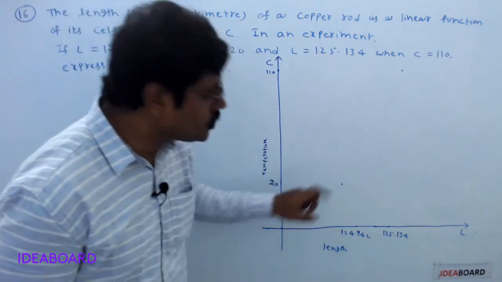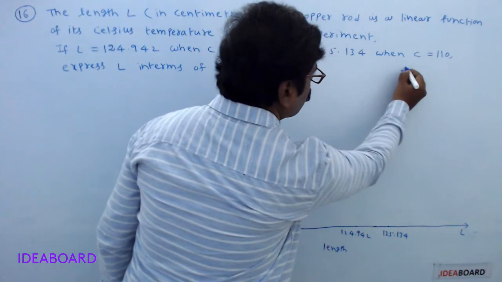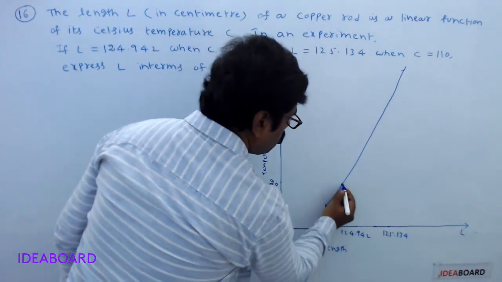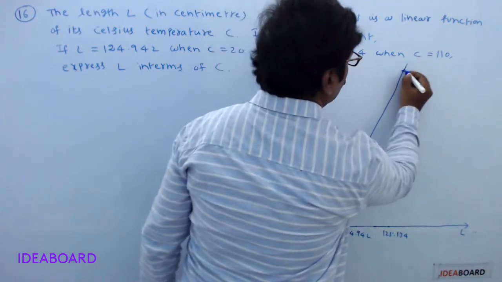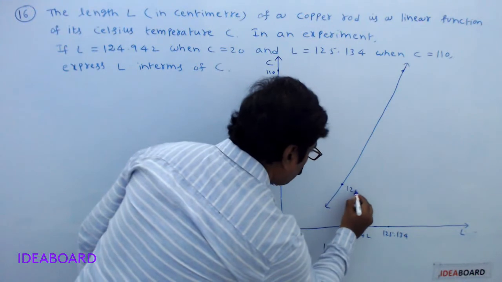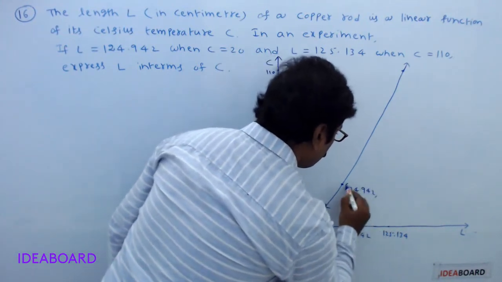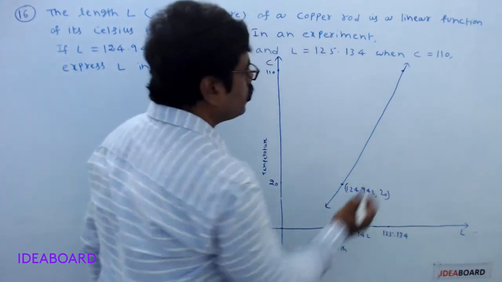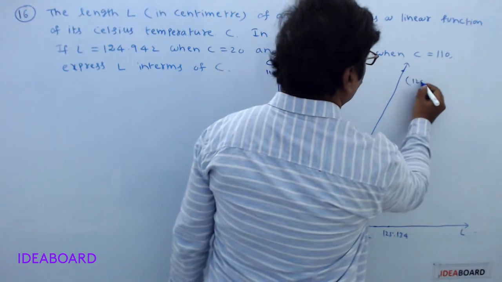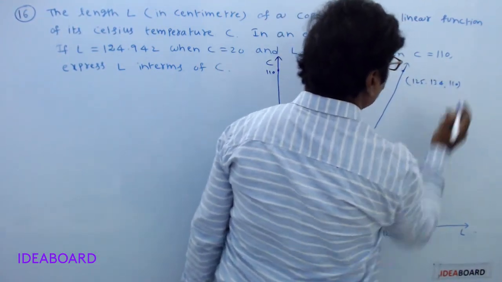Now connect these two points with a straight line. This point's coordinates are (124.942, 20) and this point's coordinates are (125.134, 110).